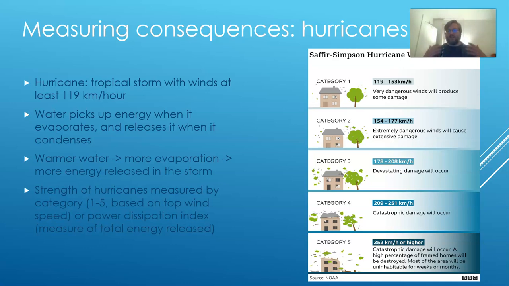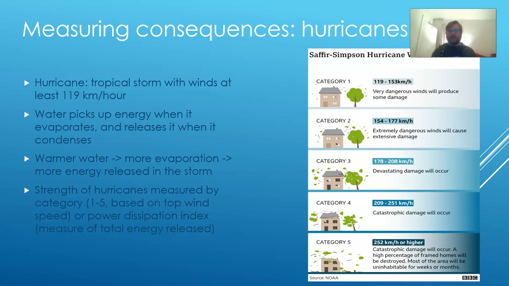That's why sweat makes you cool off, because as the sweat water evaporates off your face or whatever, it is sucking up energy to make that phase change from liquid to gas. And it's pulling that energy out of your face and cooling you off when it does that. So as water evaporates off the ocean, it's picking up that energy. Then it's going to release that energy when it comes back into liquid form.